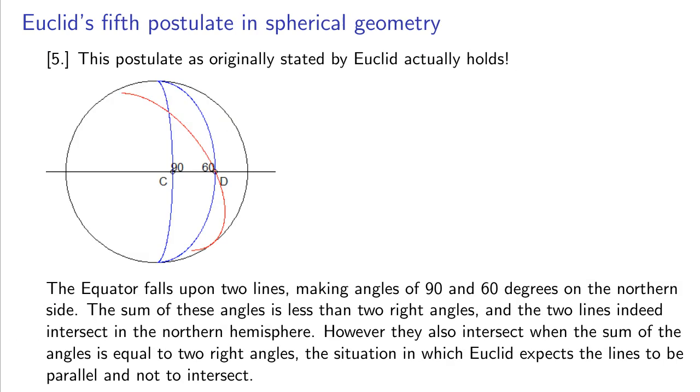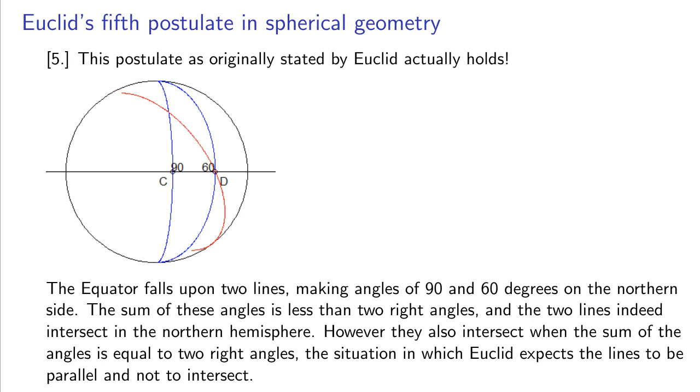So far, so good. What about the fifth postulate? Well, remarkably, as Euclid states it, it actually holds, because what does Euclid say? He says, take a line, it'll be the equator, that cuts two other lines. These are two meridians of longitude. And the two lines that it cuts are the prime meridian, and then instead of using a meridian here, we'll use this line drawn in red that makes an angle less than 60 degrees.